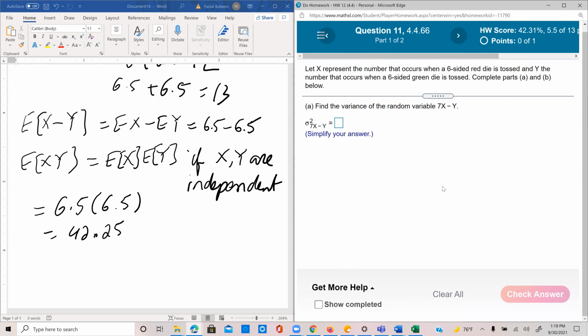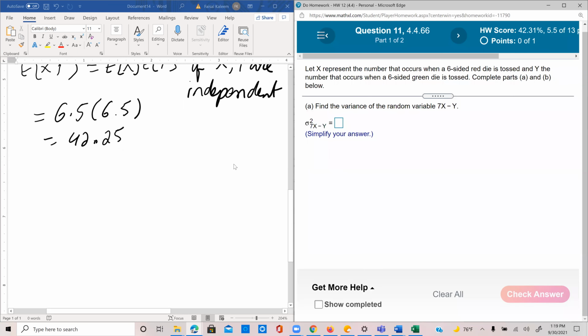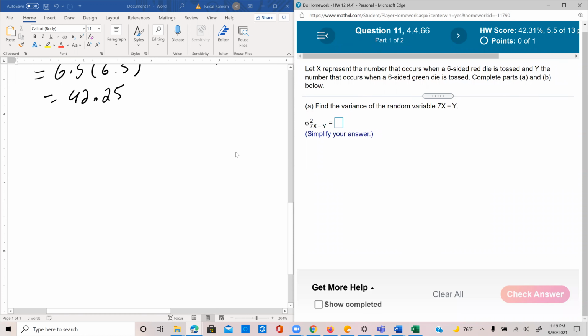Okay, so this time it's a six-sided die. And Y is also what happens on the six-sided die, and we have to find the variance of 7X minus Y. So let's first find the variance of X and variance of Y. So for the six-sided die, we could have 1, 2, 3, 4, 5, and 6.